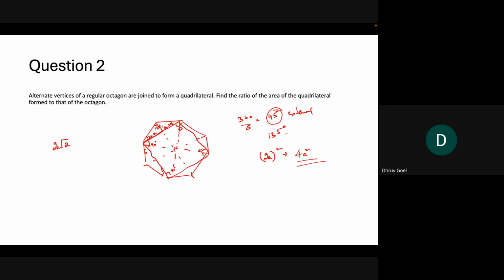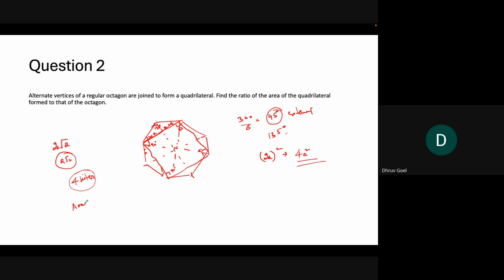Can I say this will be half of the diagonal, and half of the diagonal will be a root 2? This is a root 2, and this will be 2a. Can I also say we are getting a kite here, and a kite here, so we have 4 kites?